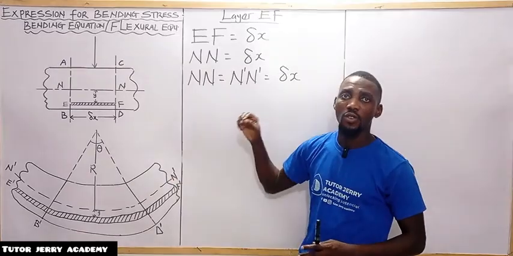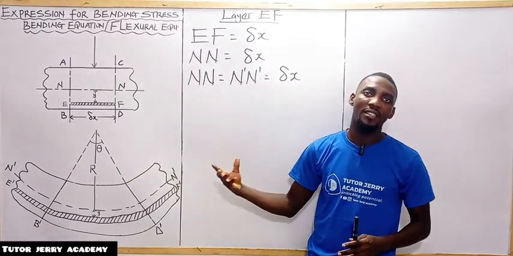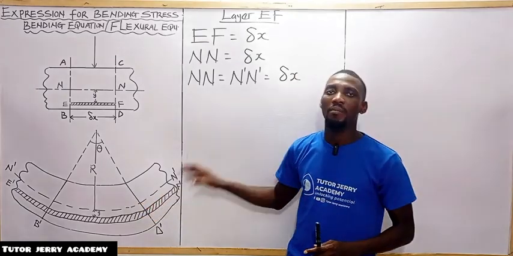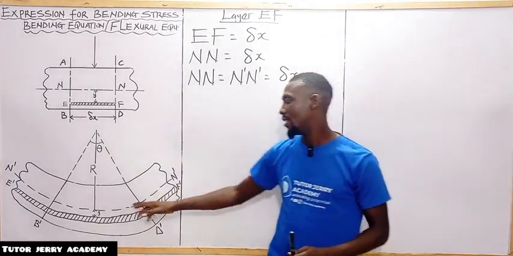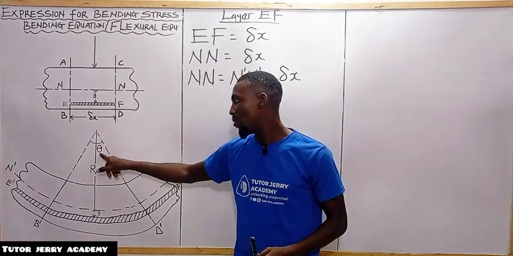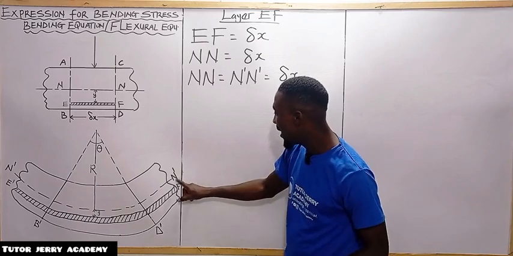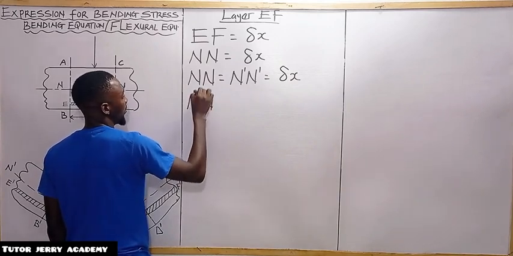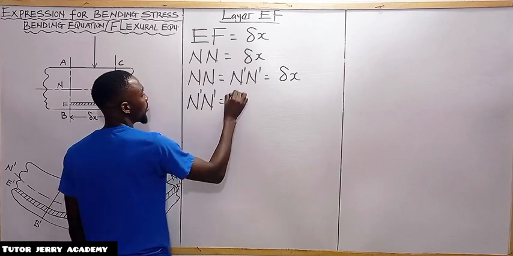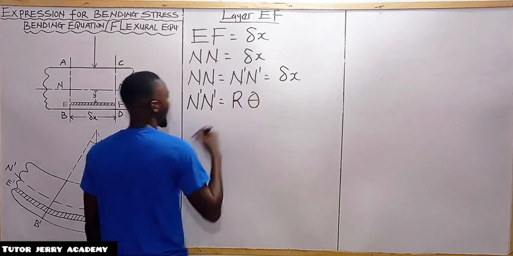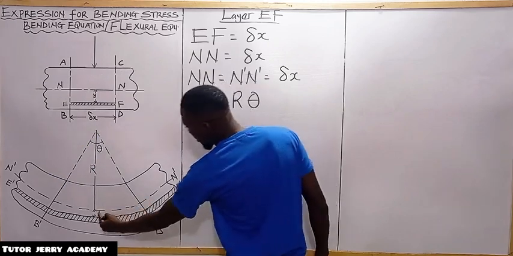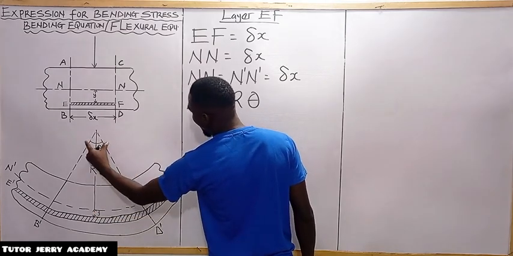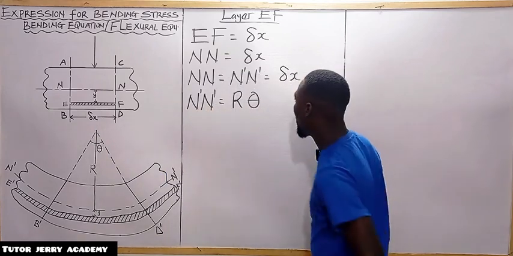So the first one, we are going to consider the length of an arc for our neutral layer. From mathematics we know that the arc length is nothing but the radius multiplied by the angle subtended. So if we consider NN, this will be equal to r theta, because from this distance to this point here is r, the radius, multiplied by the angle subtended, theta.